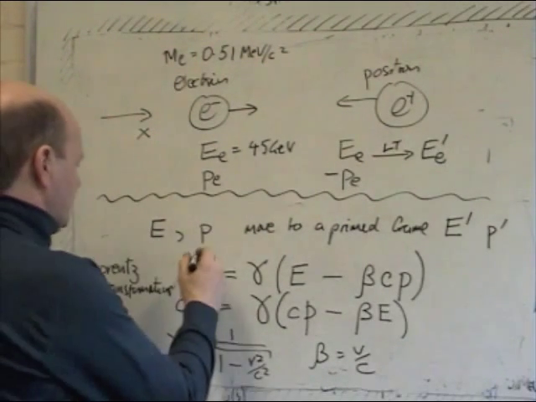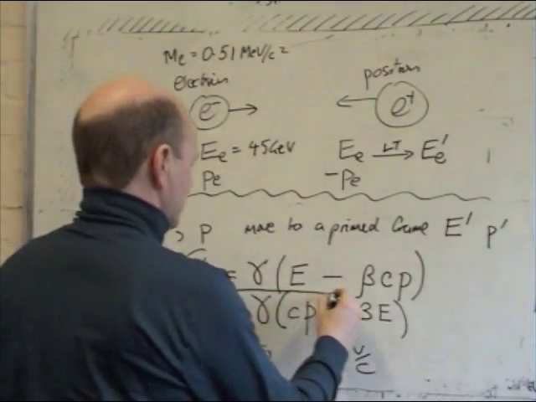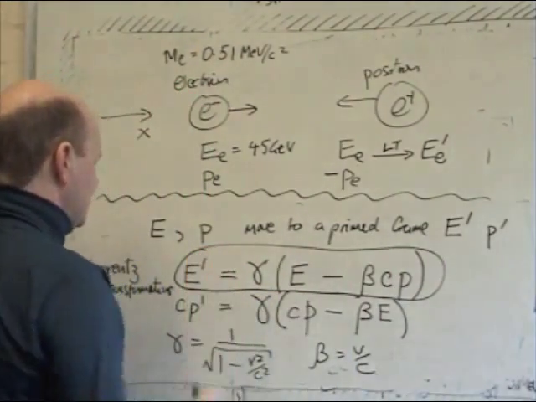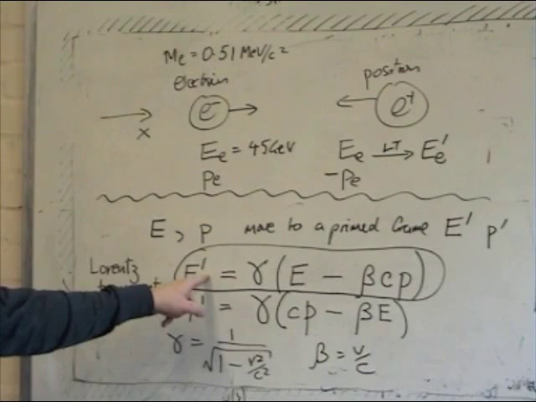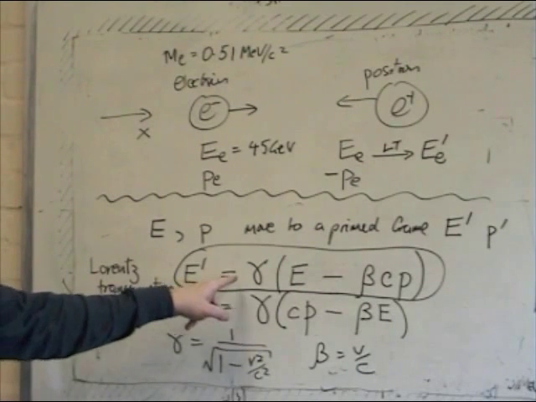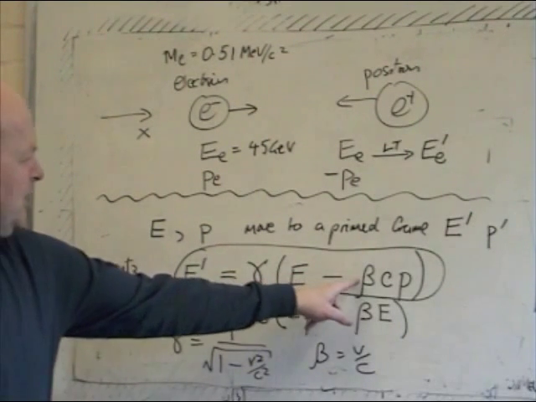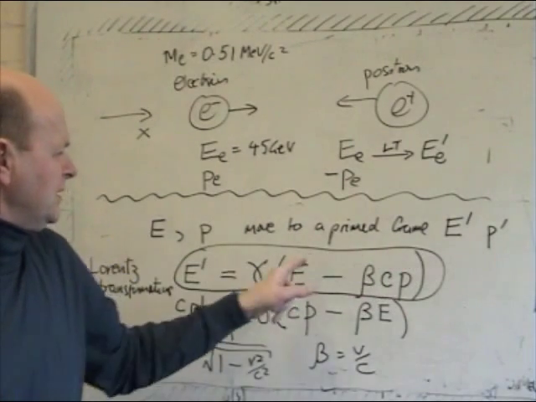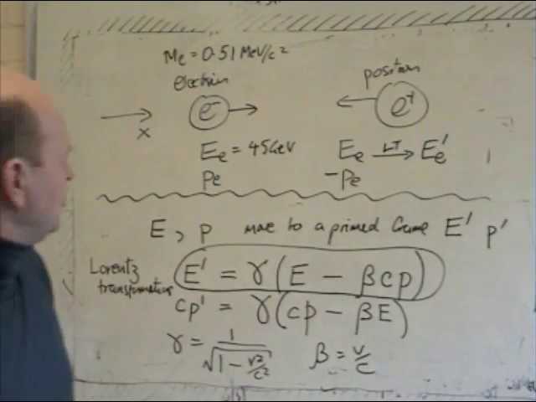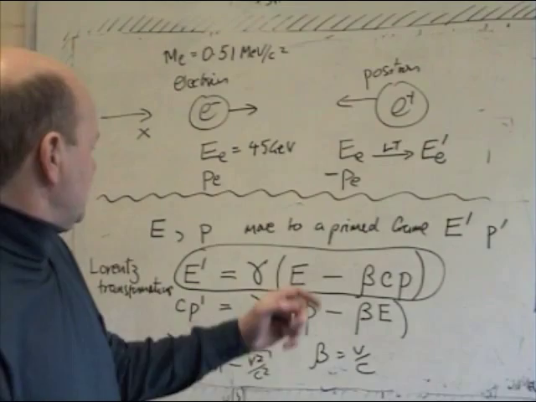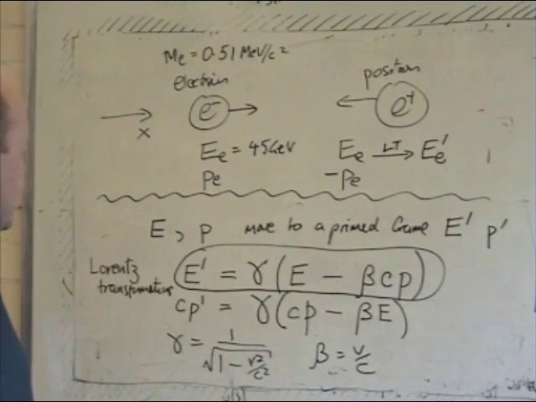So the obvious Lorentz transformation to use is the one I'm circling now, because the thing on the left is the energy of the particle in a primed frame, and all we have to do is figure out gamma, figure out beta, and figure out what E and P are, which are the energy and momentum of the positron in the unprimed frame, and we can then get an expression for E primed. So that's what we're going to do next.